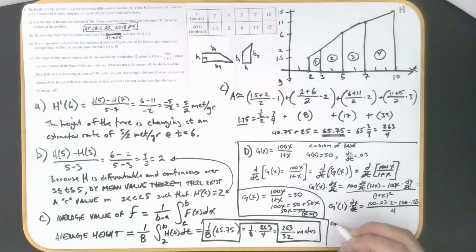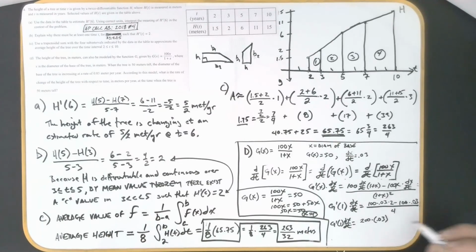So let me clean that up over here. So g prime of 1 dx dt is equal to, what did we get here? 2 times 100, so I'm going to call that 200 times 0.03 minus 100 times 0.03. Well, now if I just move the decimal over, that becomes a 3, all over 4.